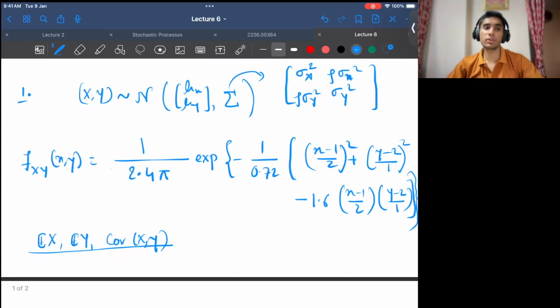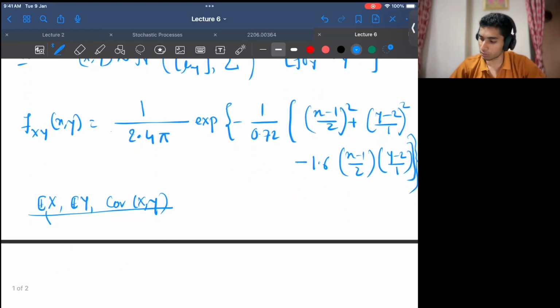If you know nothing about Gaussian random variables, you might be tempted to evaluate this as integral x fx of x dx and so on. However, that's a very lengthy process. You will have to first find fx of x, the marginals, by marginalizing y, and it will be a very difficult process.